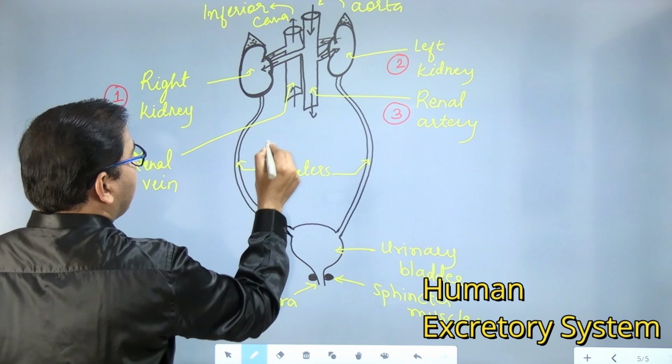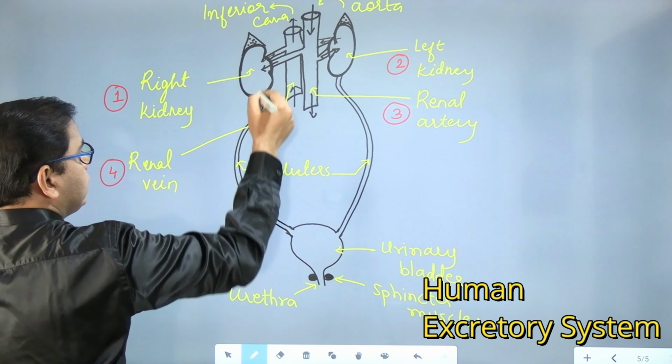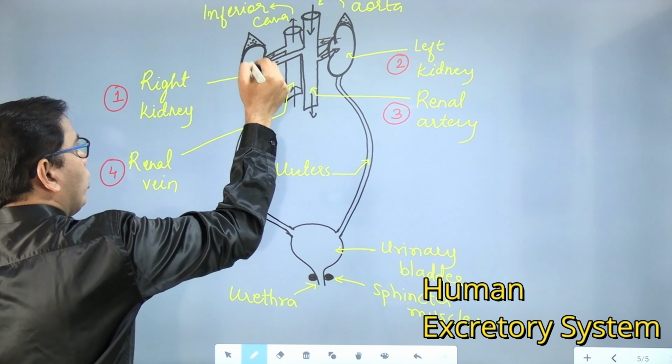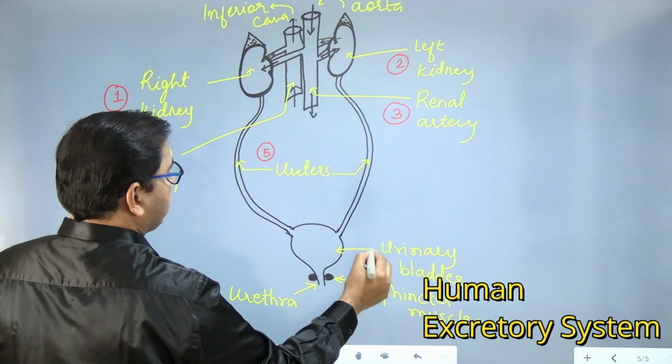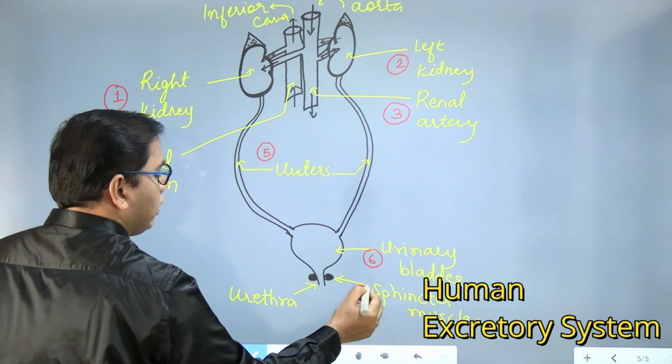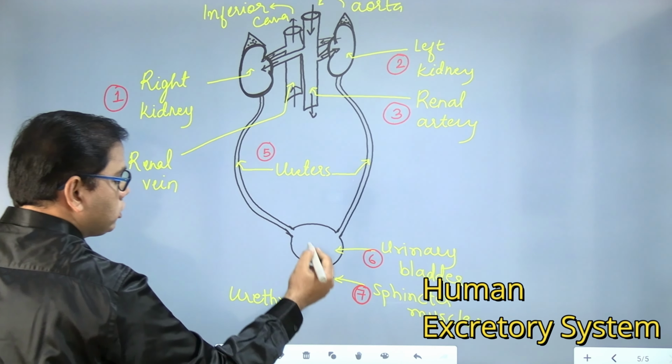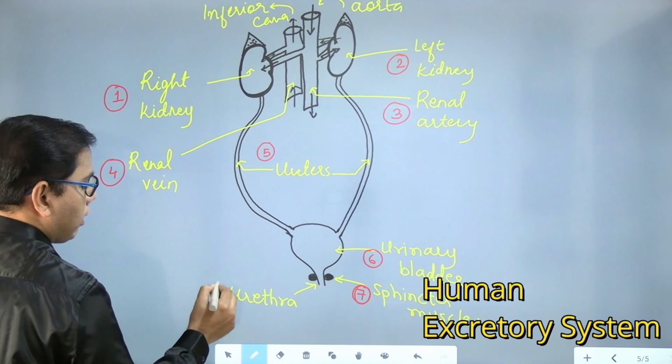Then the fifth part is the ureters. These ureters carry the urine from the kidney to the urinary bladder. And when the sphincter muscle is relaxed, urine is thrown out through the urethra.